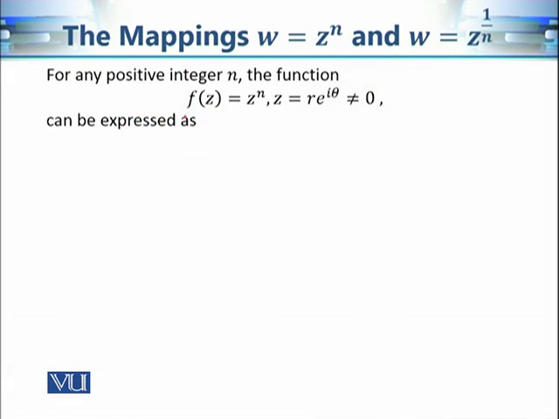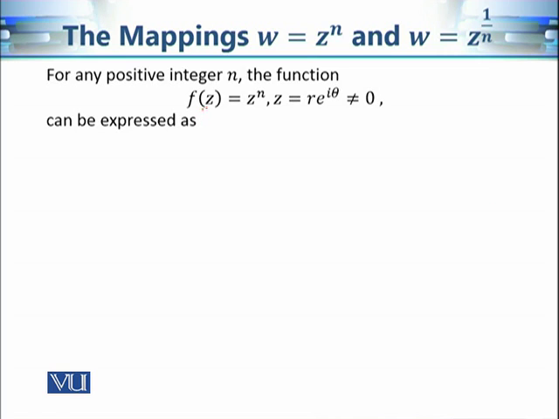Now once again, if our function is z raised to power n, then we are going to use polar coordinates or the exponential form of complex numbers. So in other words, our z is going to be r e raised to power iota theta, and of course z is not allowed to be equal to 0 because we are using the exponential form.